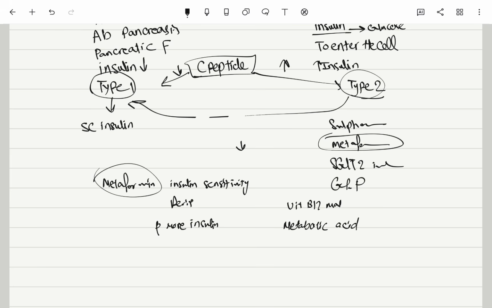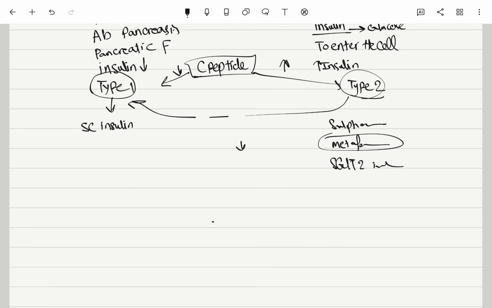But metformin is the most important drug in type 2 diabetes, and in type 2 diabetes I should use the combination of metformin with sulfonylurea, or metformin with GLP, or metformin with SGLT2, but metformin should be the cornerstone in the treatment of diabetes type 2, and it is most important.